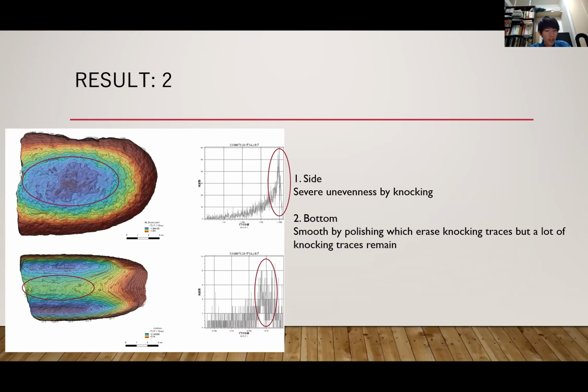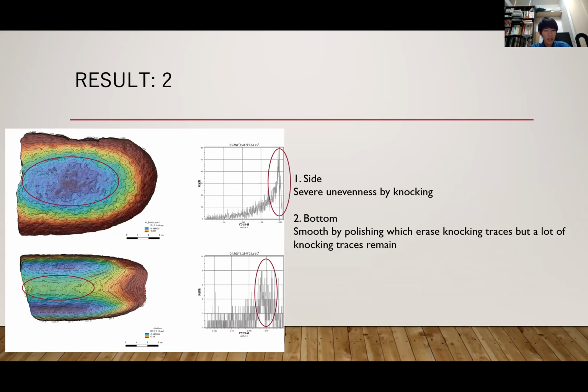Knocking and polishing can be seen in the second stone implement. No flaking traces are seen. Most of them are only knocking traces. The peaks of the histogram are concentrated on the side, in the center, and on the bottom in the group.